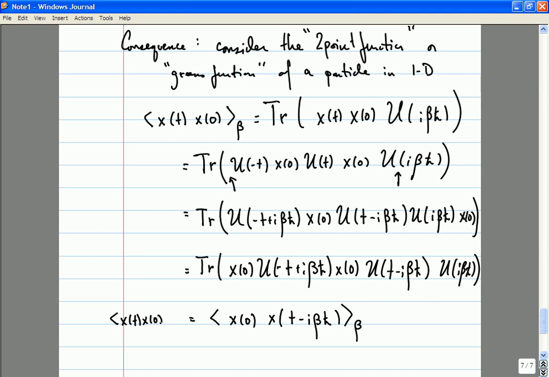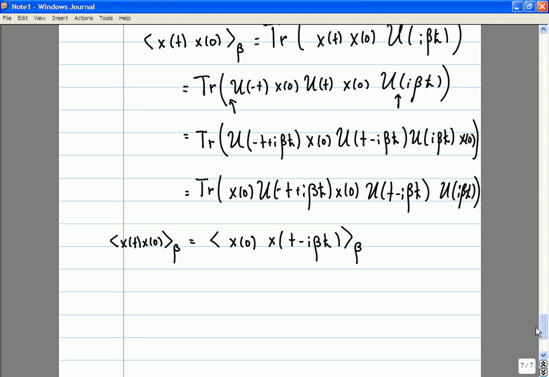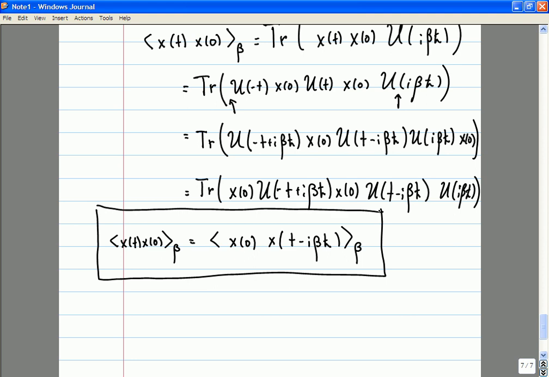So what we see is that for a finite temperature system, we have this funny relationship between the two-point function, or the correlation function, at real time and the correlation function at some complex time.